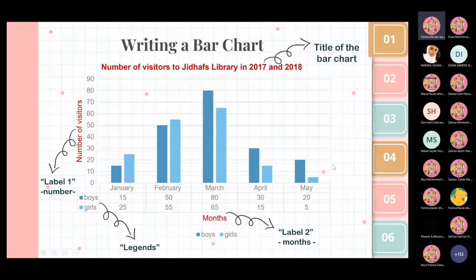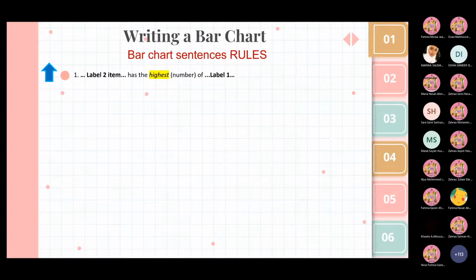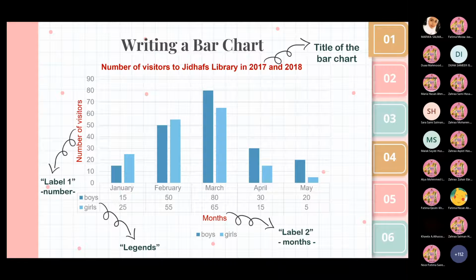Teacher, can you put it in the next slide? Okay, and the second sentence. Before we shift to the second sentence, girls, is anyone interested in saying the sentence for us for the highest? Just unmute yourself or raise your hand. Zahra, we have Zahra Abdul Shahid.